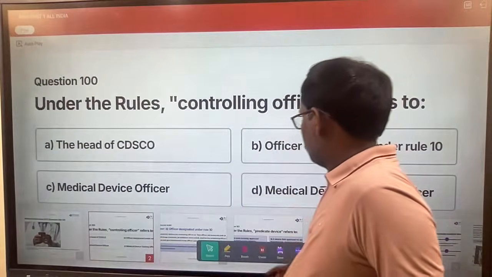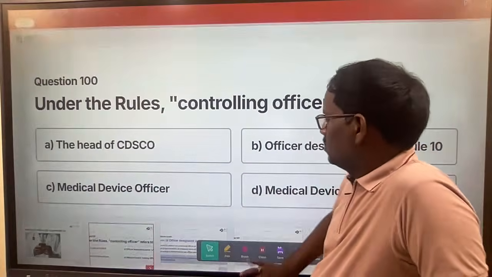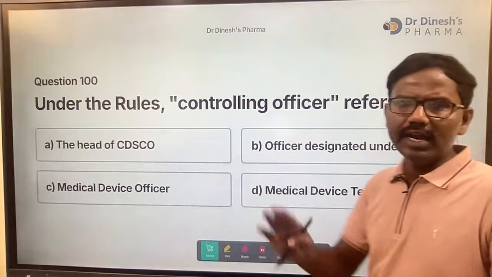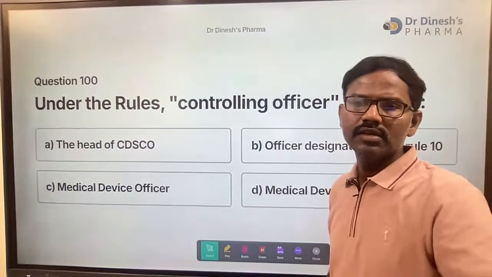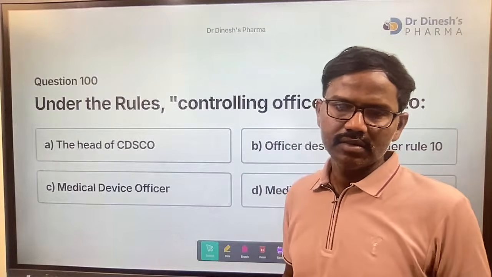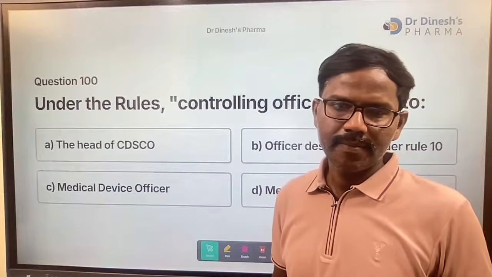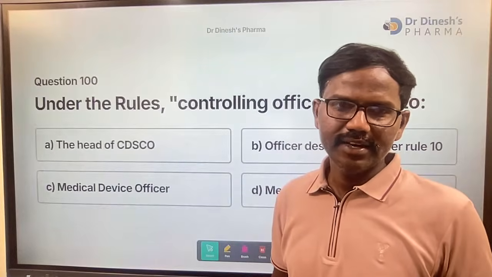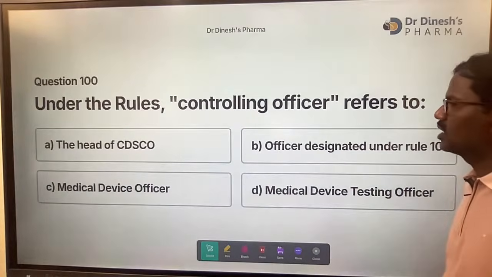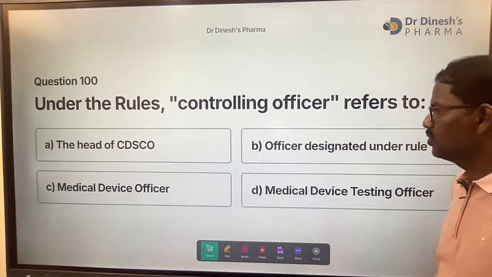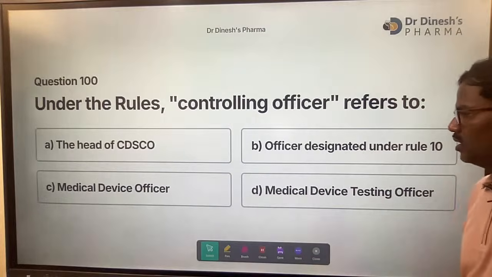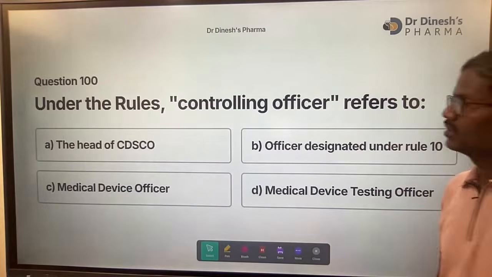Okay, question number 1. Under the rules, controlling officer refers to the head of CDSCO, officer designated under Rule 10, medical device officer, or medical device testing officer.